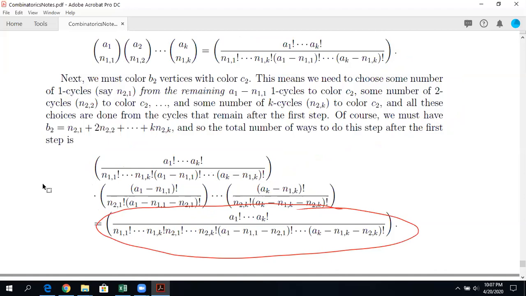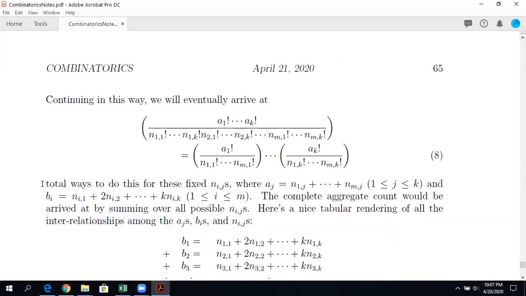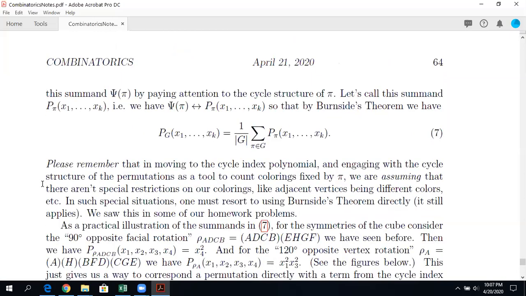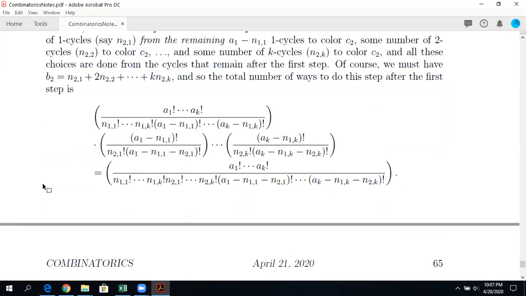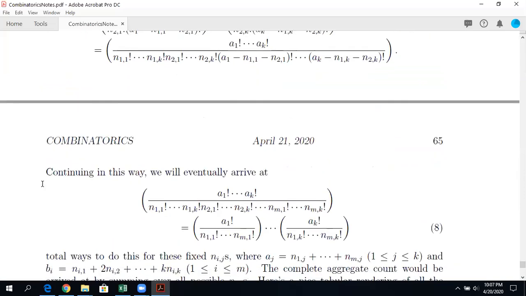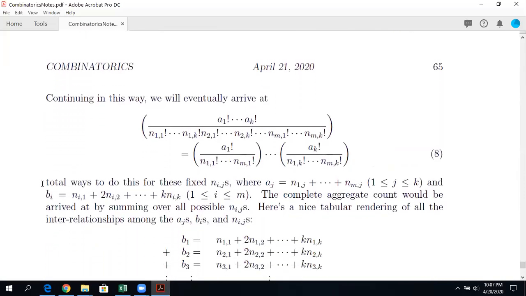Could have done different n's because I just arbitrarily decided N21, N22, etc. But those could have been different values of n. Okay. So, we were right here after the second step. And now I'm telling you we're getting close to being done. So continuing in this way, we eventually arrive at that formula.